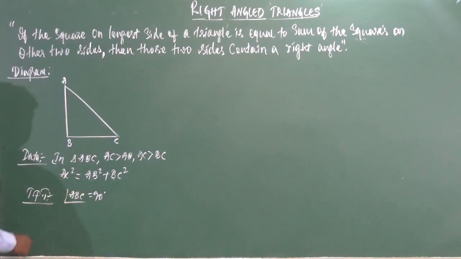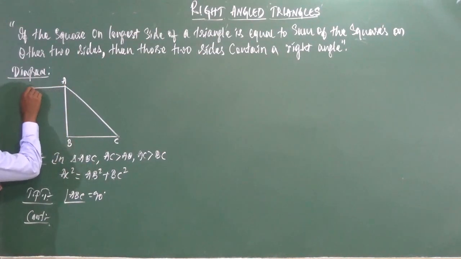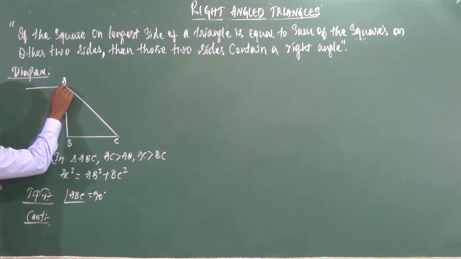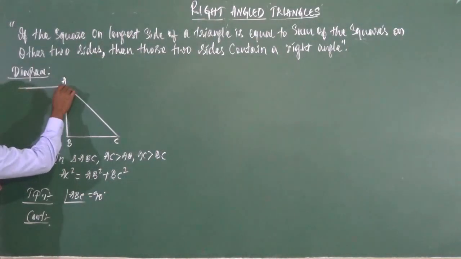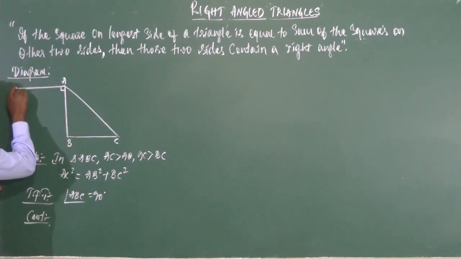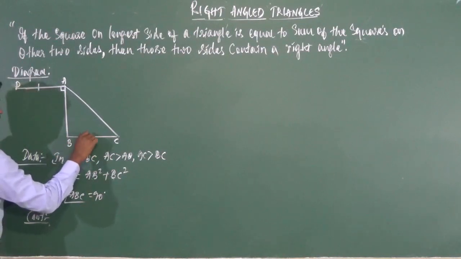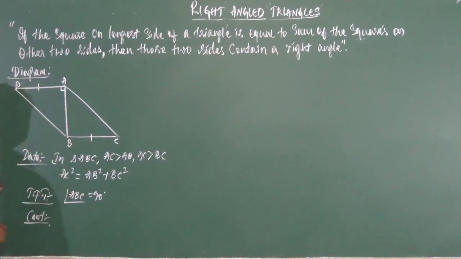In order to prove that angle ABC is equal to 90 degrees, this data is not sufficient. Therefore we have to go for a small construction. Draw a perpendicular at A, perpendicular to AB, such that the point, we can name it D here, such that AD is equal to BC, and join BD.